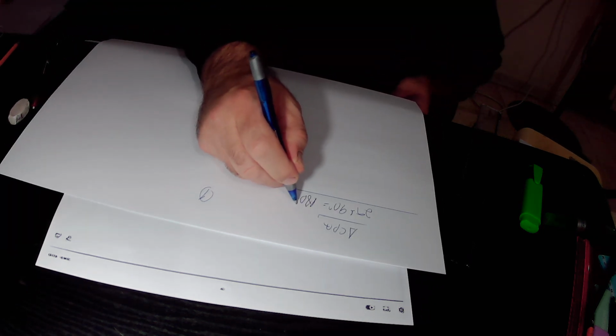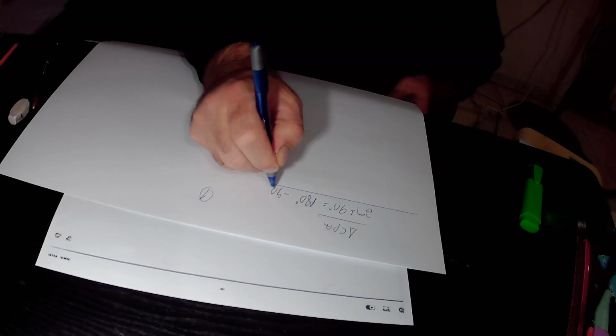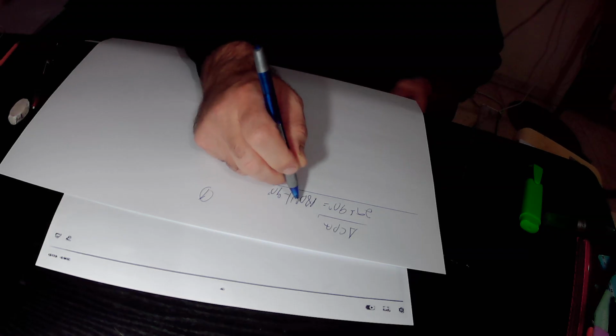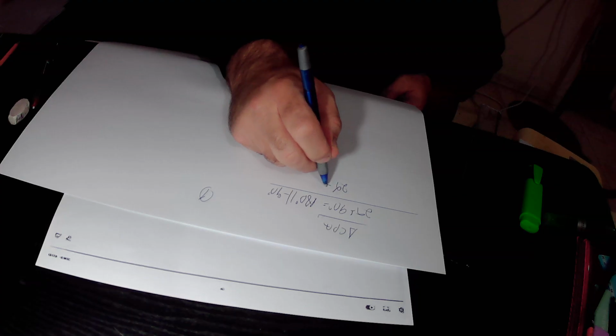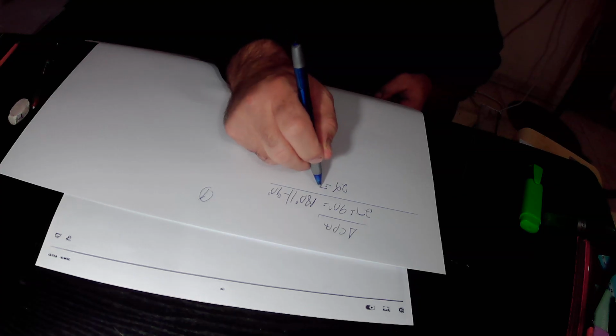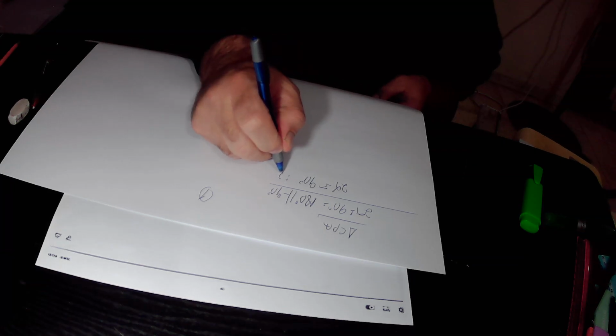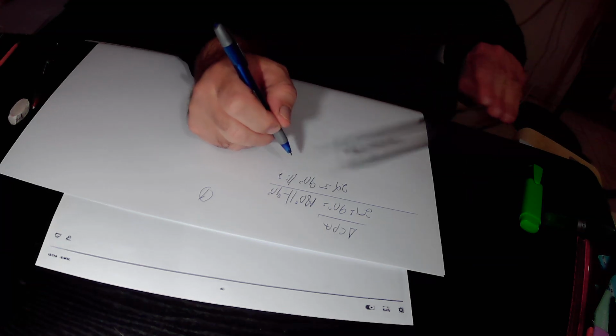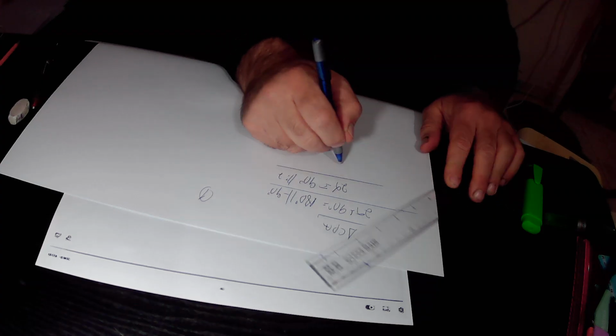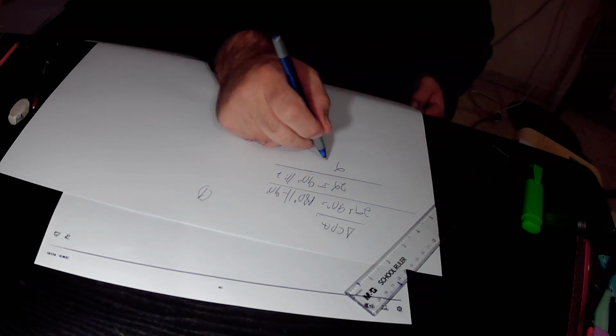Here we subtract 90 degrees from this equation, and we get that 2 alpha equals 180 degrees minus 90 degrees, which is 90 degrees. 2 alpha equals 90 degrees. Here we divide this equation by 2 and finally get that the missing angle alpha is equal to 90 degrees over 2, which is 45 degrees.